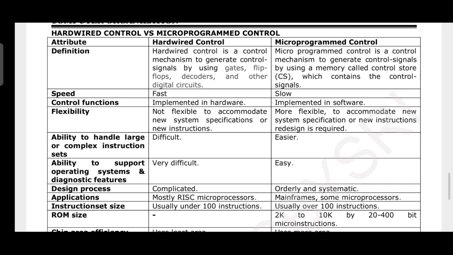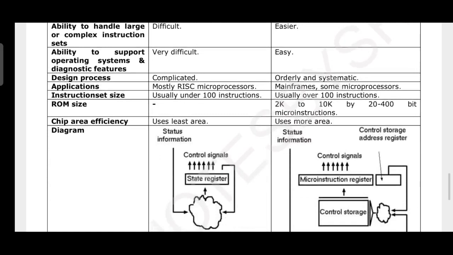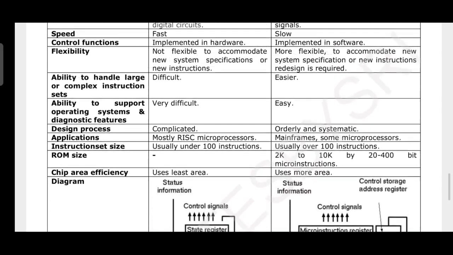But in microprogrammed control, the operation is slow because it totally depends on software. Whereas in the case of hardwired control, the computation is fast. Microprogrammed control is implemented using software, whereas hardwired control is implemented using hardware or chips. So the other differences you just go through.